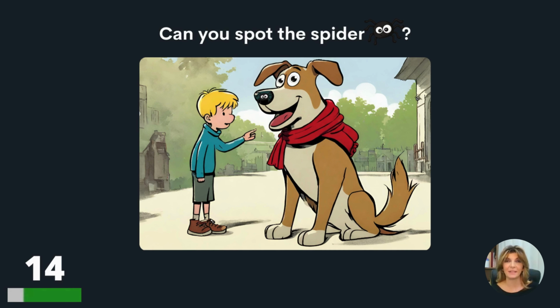Can you spot the spider? And right there on Doggo's nose.